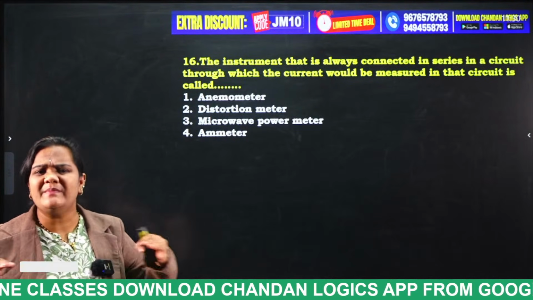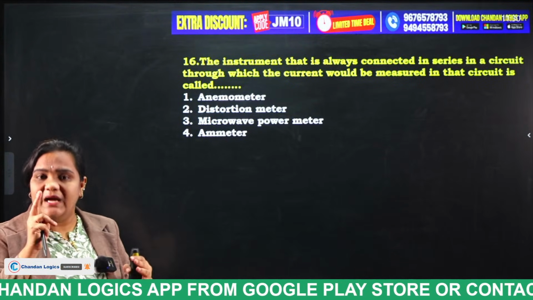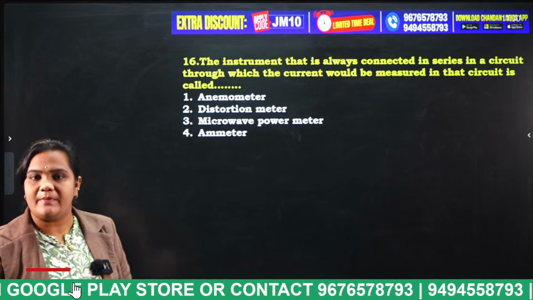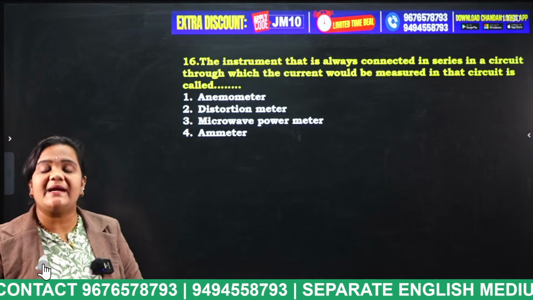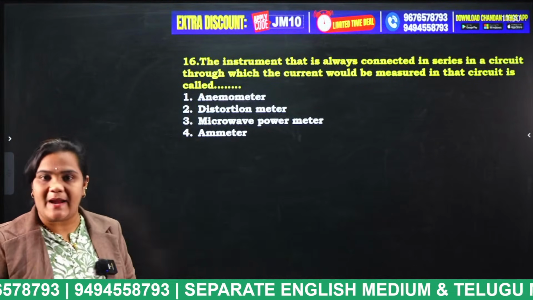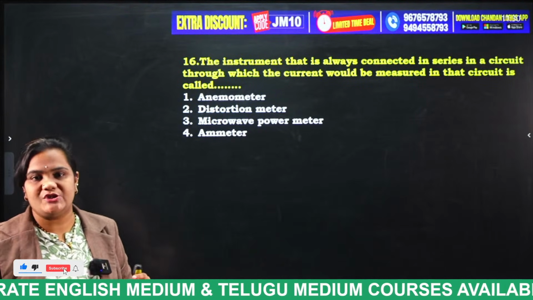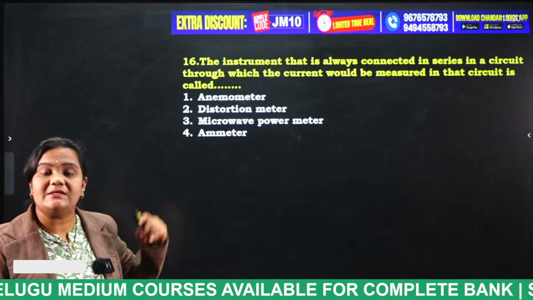What do you mean by series connection? In series connection, if there is a break in the circuit, the current stops. In parallel connection, even though there is a break, the current passes to another branch. That is the difference between series and parallel connection.